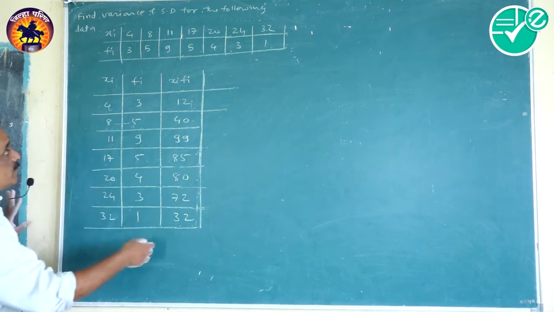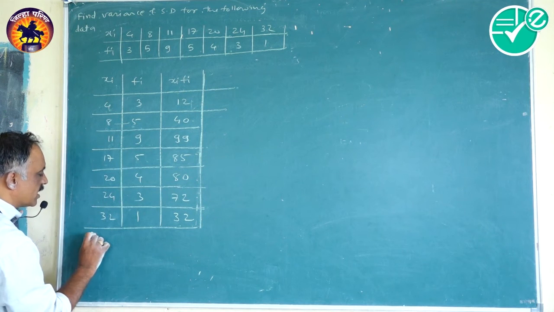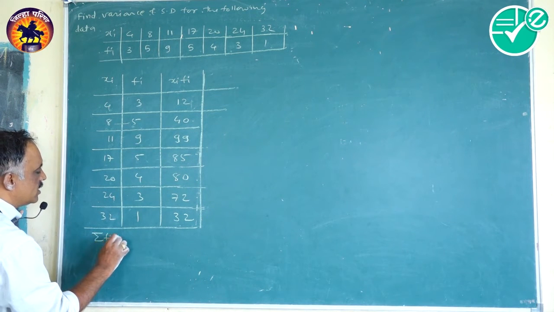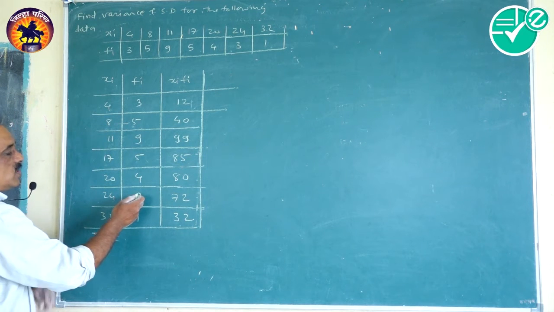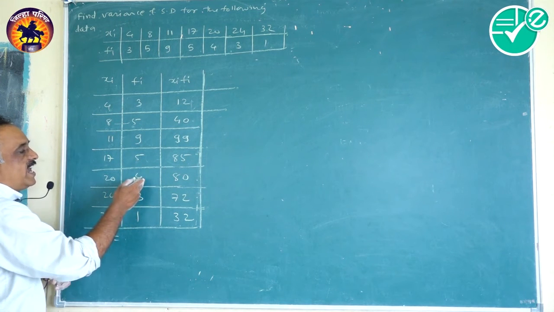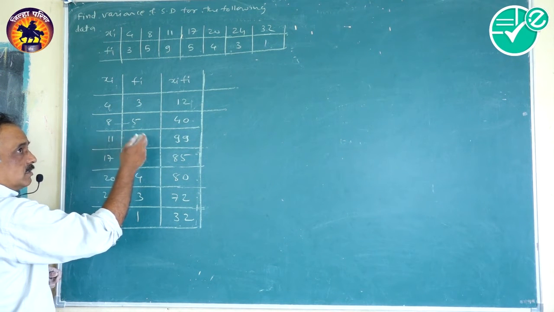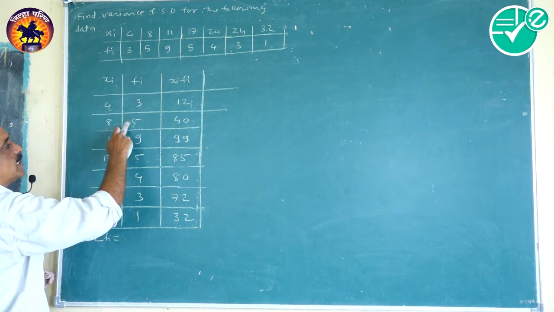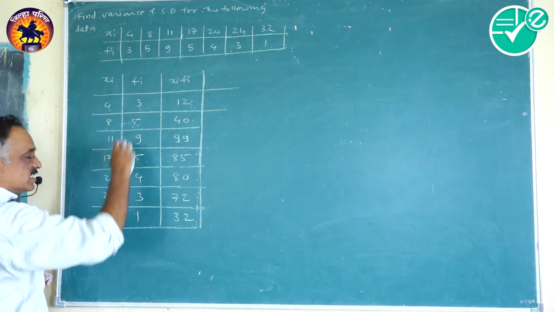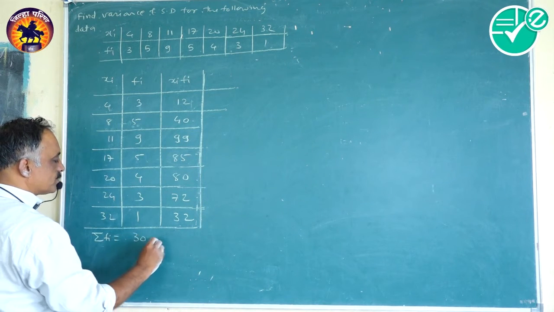I have to add up all this data and also add up all the frequencies. So sigma fi is equal to 1 plus 3, 4, 4 plus 4, 8, 8 plus 5, 13, 13 plus 9 will be 22, 22 plus 5, 27, 27 plus 3, that gives you 30.